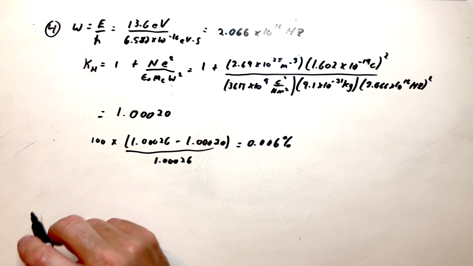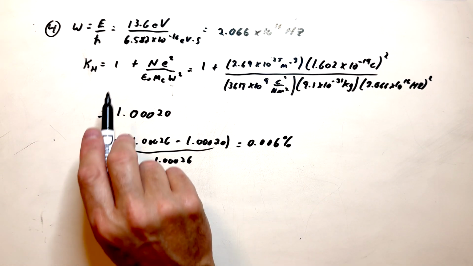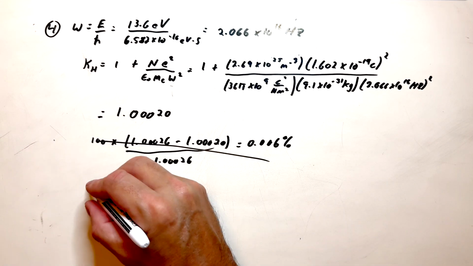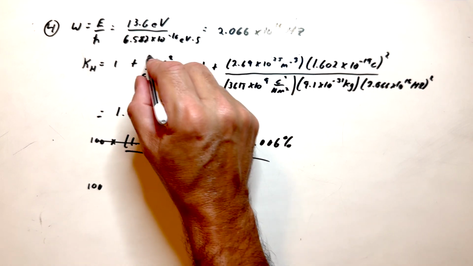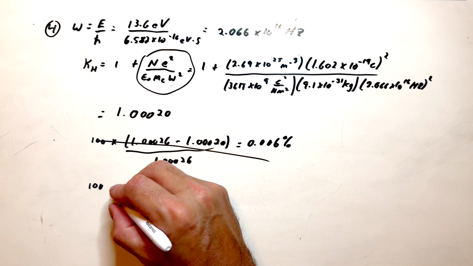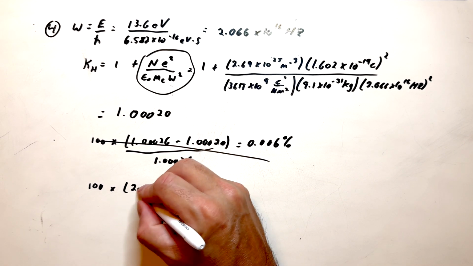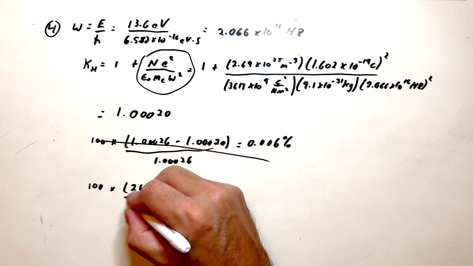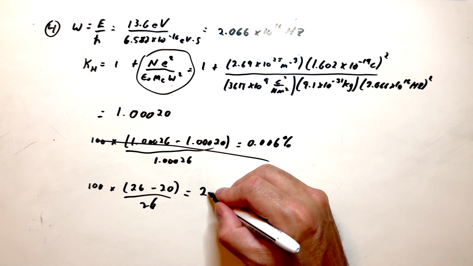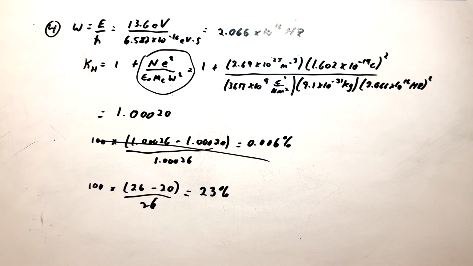But what we really should compare, right, because this had a 1 plus a number, really the thing we should compare, not this, but we should just compare this component here. Ignore the 1. So in that case, we're going to get 100 times 26 minus 20 divided by 26, and that gives me a 23% error, which is still not bad for such a crude and primitive model.